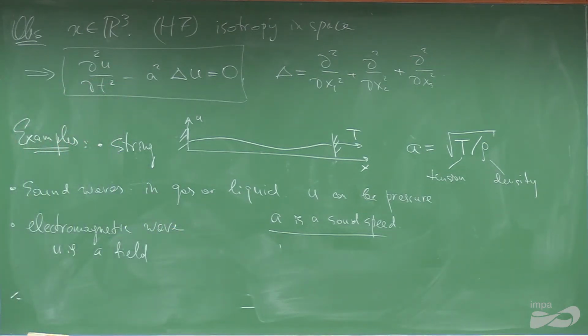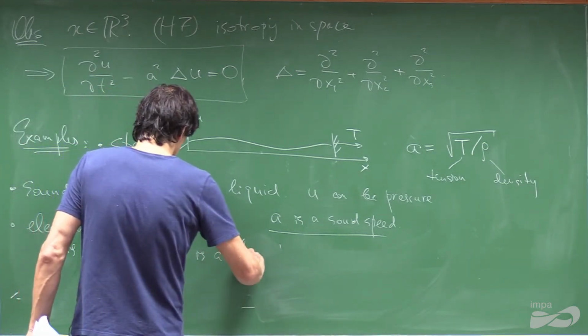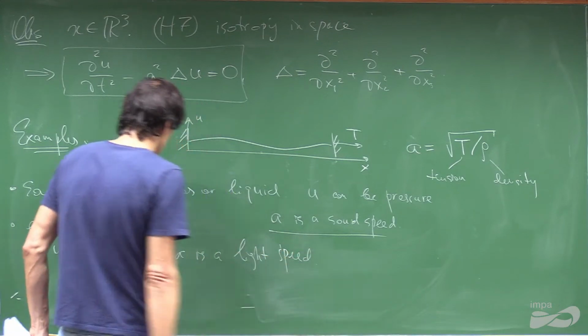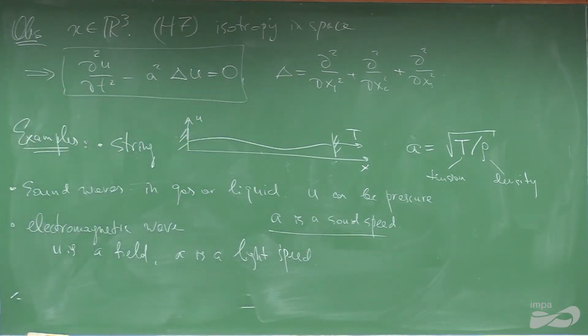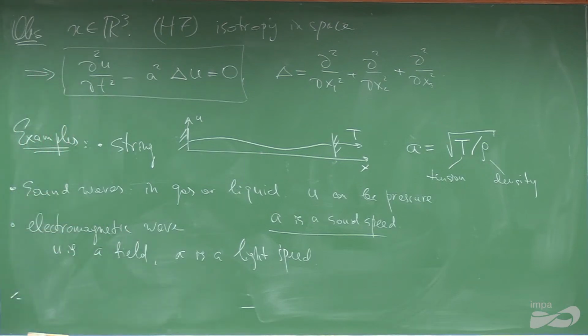You describe the field, and then a is the light speed. In that case, a comes from the speed of light. And again, in order to understand it, you need to write the equation of motion for electromagnetic waves and derive what a is. But the equation will just have the same form.